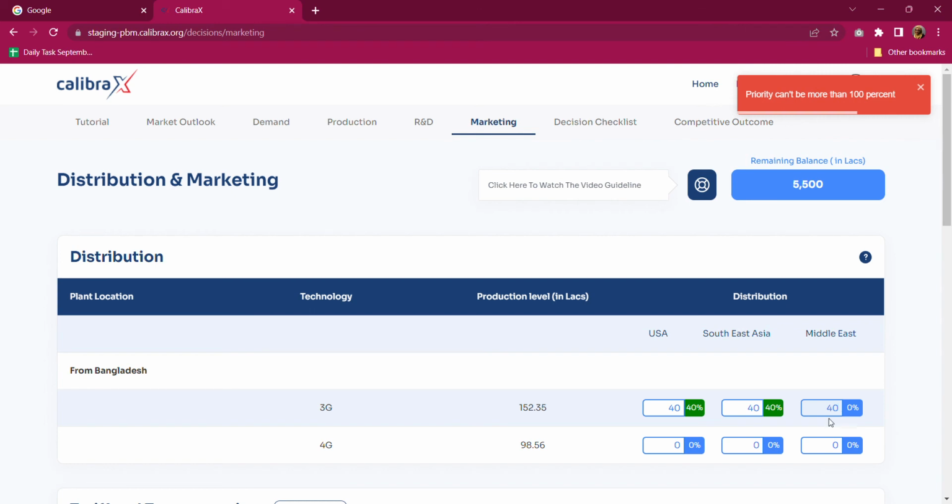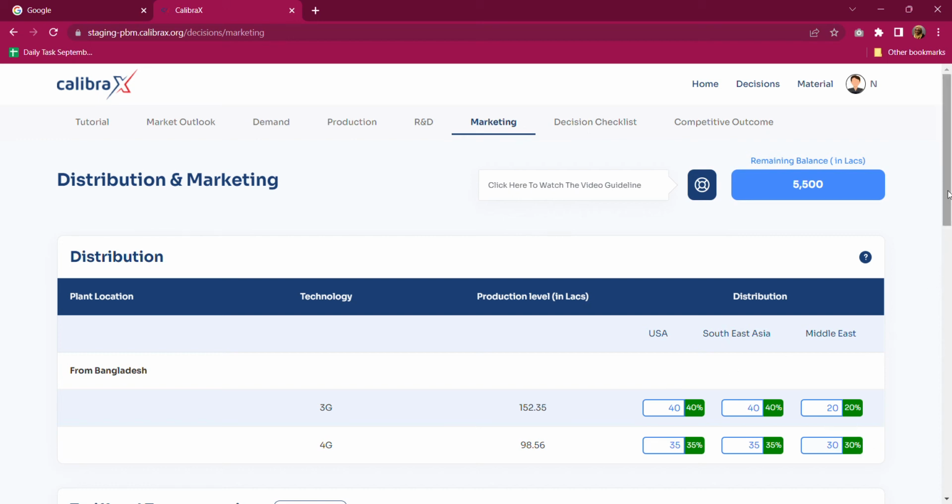But we can't, because our total distribution will be 100%. So with 40-40, I can only give 20% distribution for Middle East. For 4G, again, let's say we want 35% for USA, 35% for Southeast Asia, and 30% for Middle East.